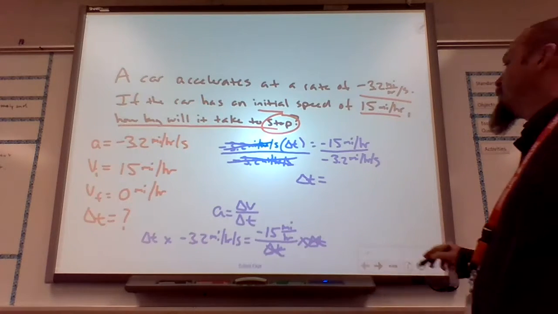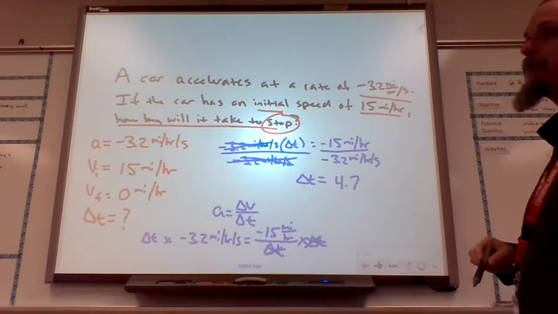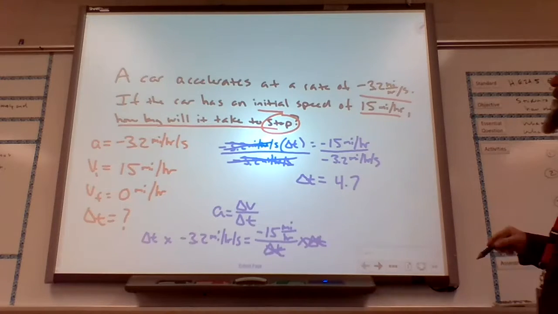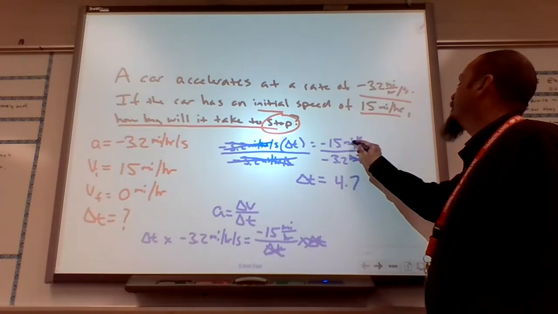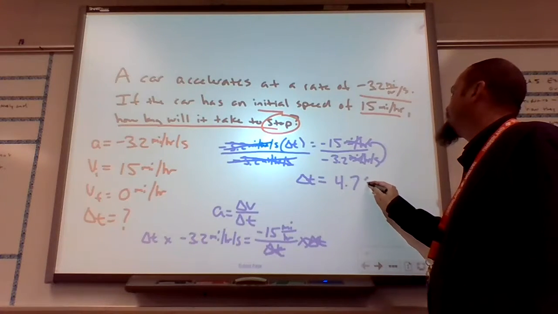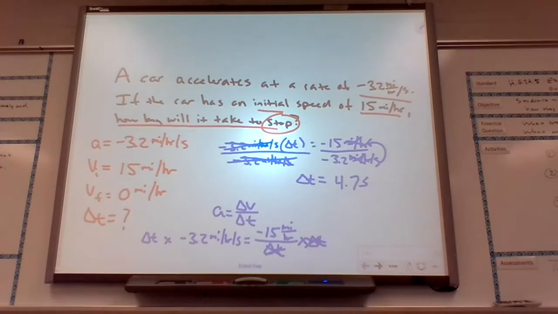I'm just going to round that to 4.7. Because we're dividing two negative numbers, we ended up with a positive again. That's why that negative is so important in the delta V. The miles per hour cancel and the seconds move up. It's 4.7 seconds.